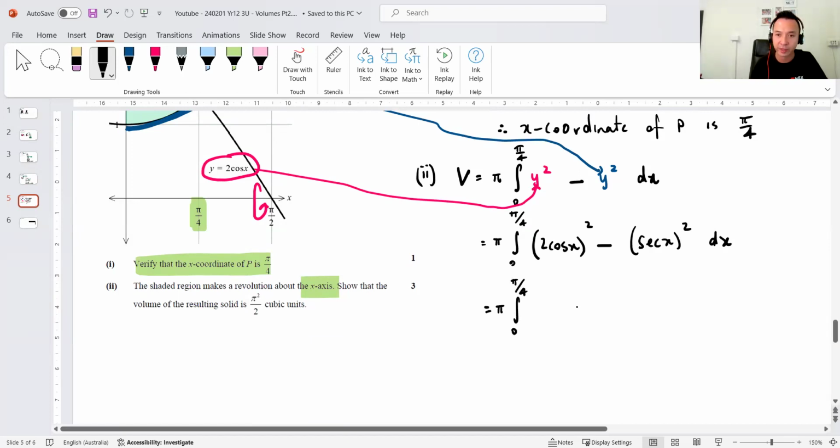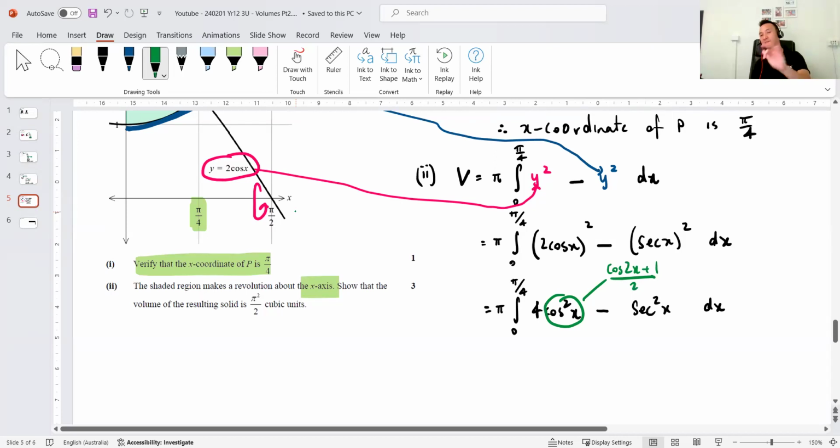Pi on 4, that becomes 4 cos squared, which we know the double angle of, and that's sec squared, right? So once again, I'm going to replace cos squared x with (cos 2x plus 1) on 2. That's nice because the 2 cancels out.